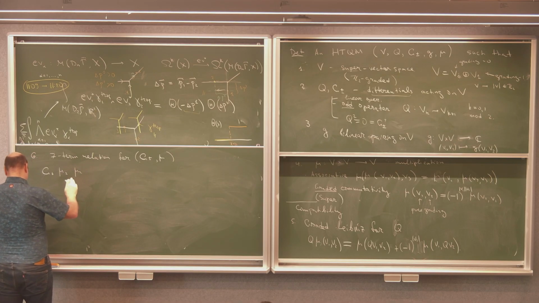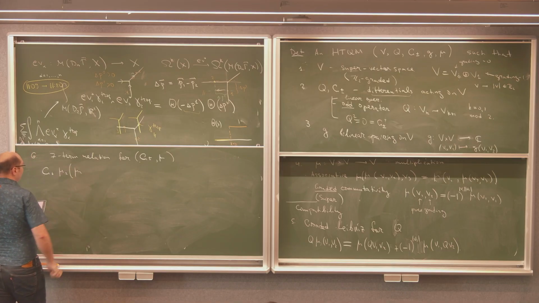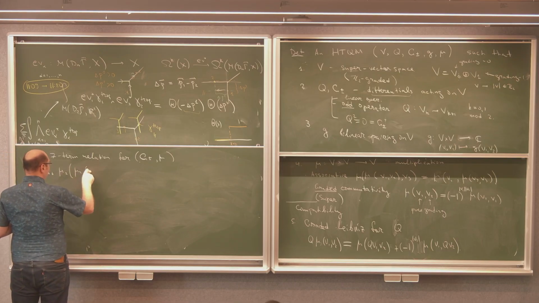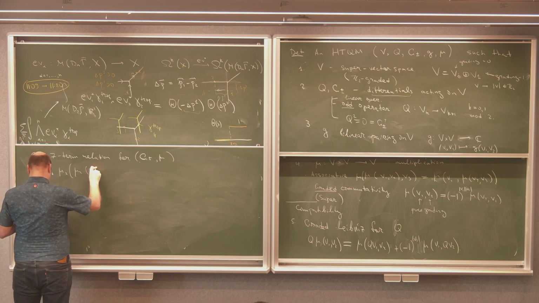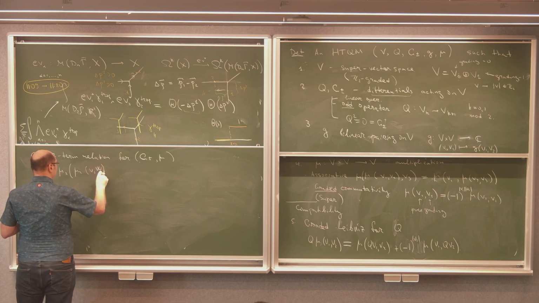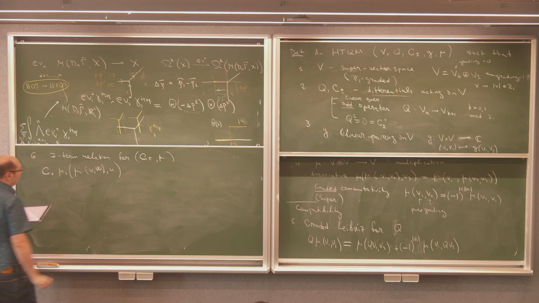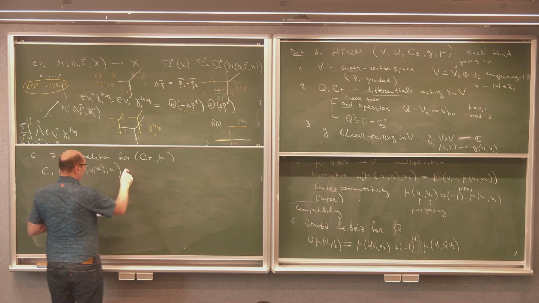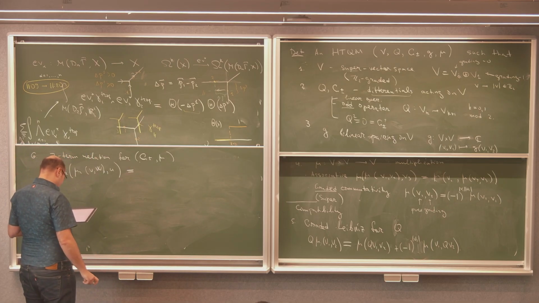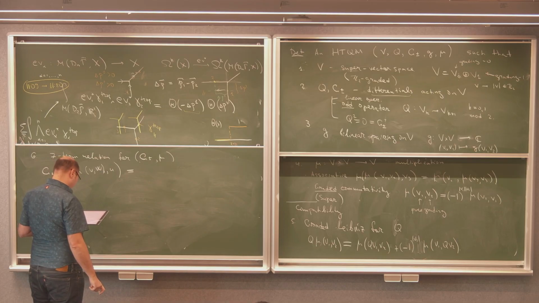If I take G plus acting on a triple product, V, W, U, so I first multiply V and W, then multiply it by U, and then act with G plus, then I get the following terms.